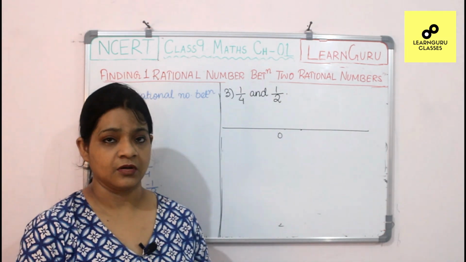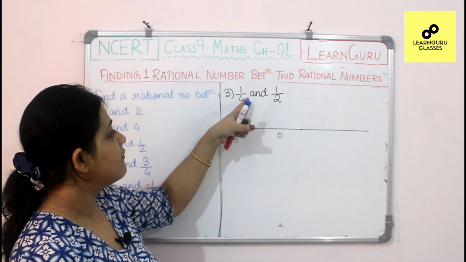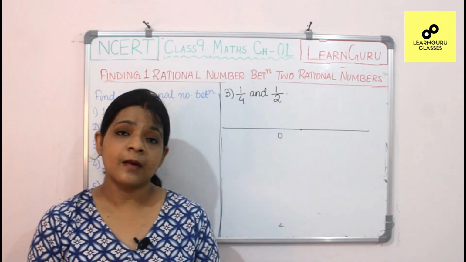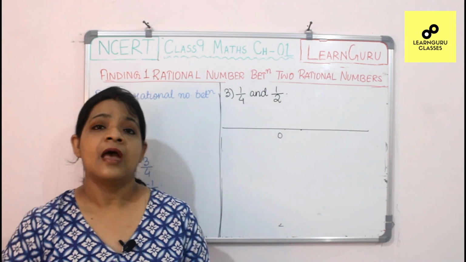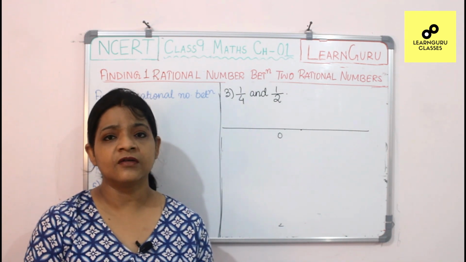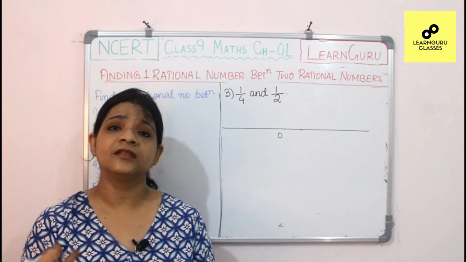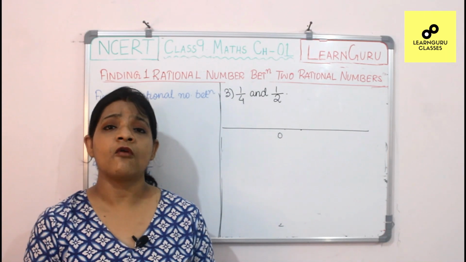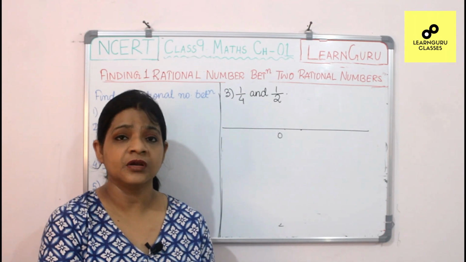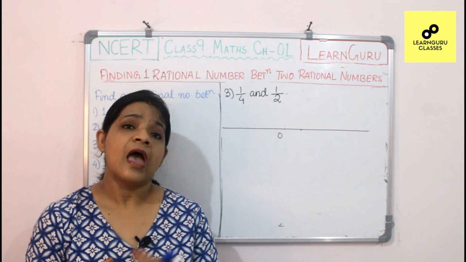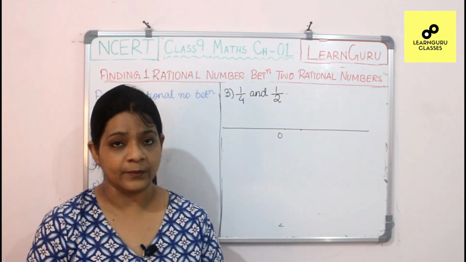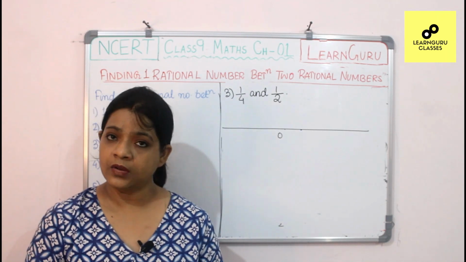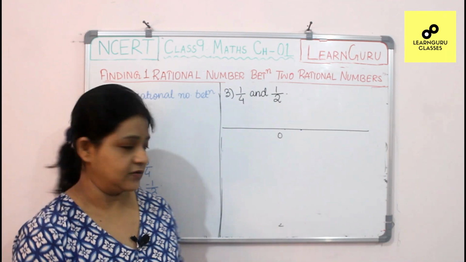Obviously we'll say 1 by 4 is less than 1 by 2, but at times, if 13 by 3 and 13 by 2 are given to you, or 2 by 13 and 3 by 13, it may be difficult to identify which fraction is greater than the other and how to place it on the number line. For that I have two methods for you. Let's look at the two methods.